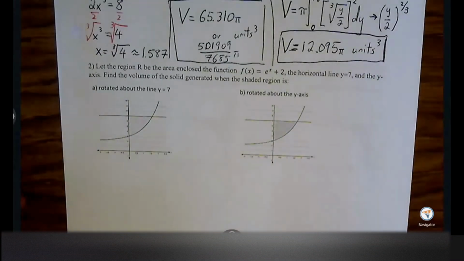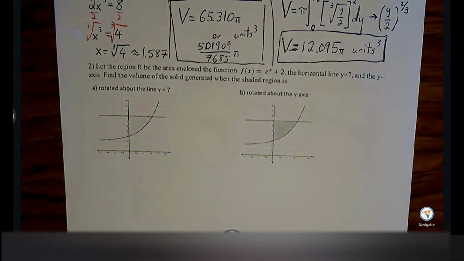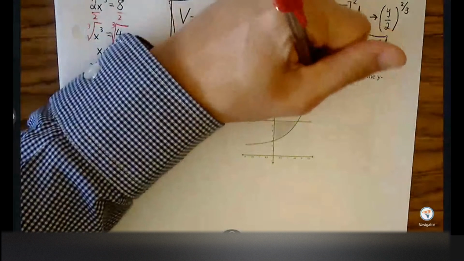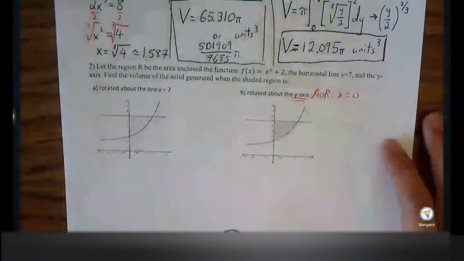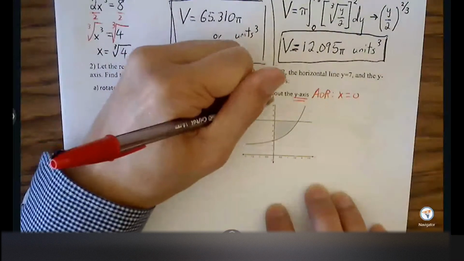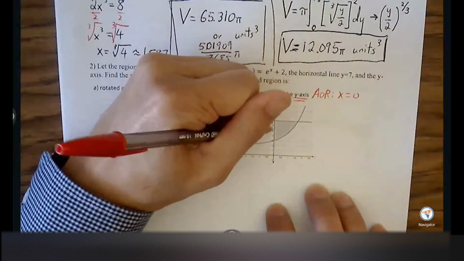Same shaded region, same functions, same graph, just a different rotation here. Rotation about the y-axis, that's a vertical line. The axis of revolution is at x equals 0. So let's go ahead and draw that dotted line.